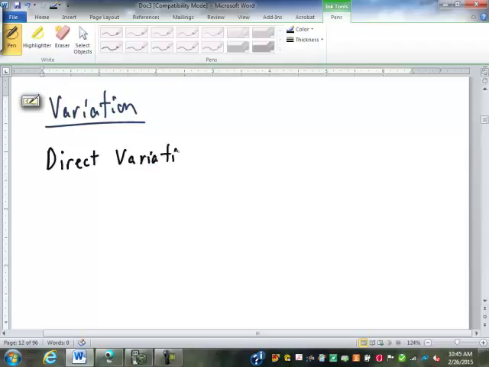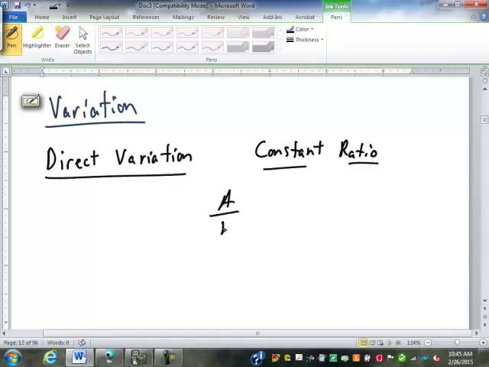Direct variation is a constant ratio, or equal ratios if you want to think of it that way. In direct variation, A over B is equal to little a over little b. The two things that are related have the same ratio to each other.